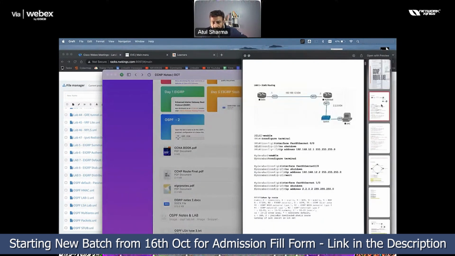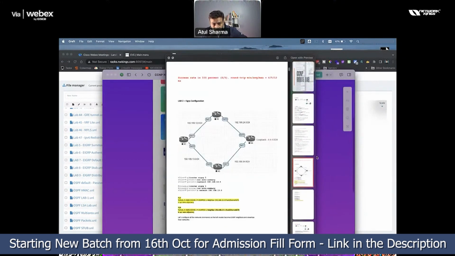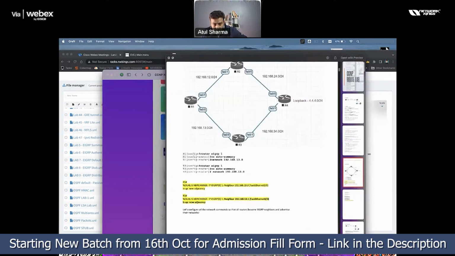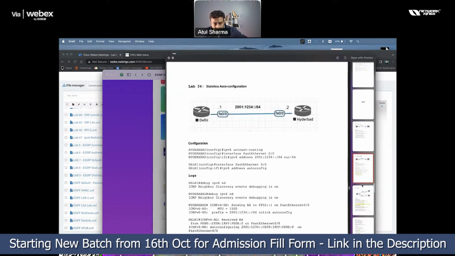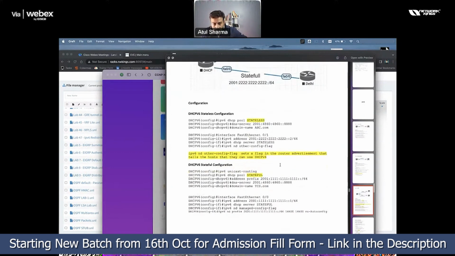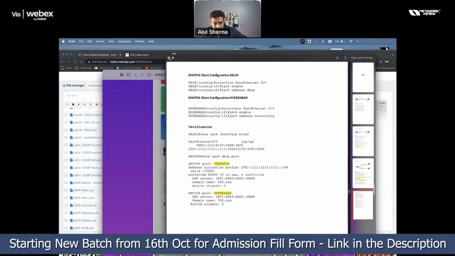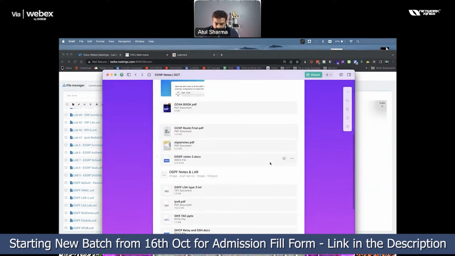This is the lab guide of CCNP, where all the notes and material will be shared by us. You can see how to configure OSPF, how to configure stateless auto configuration. Everything is practical. EVE-NG, GNS3, Packet Tracer, we'll discuss all these things.